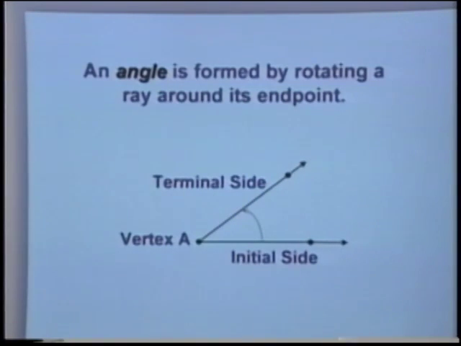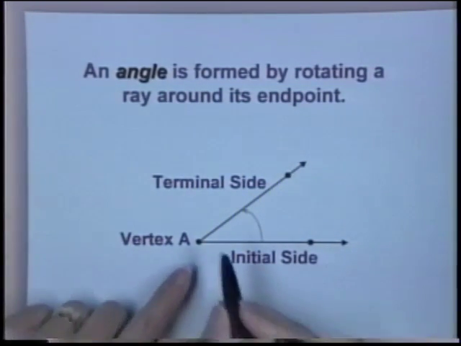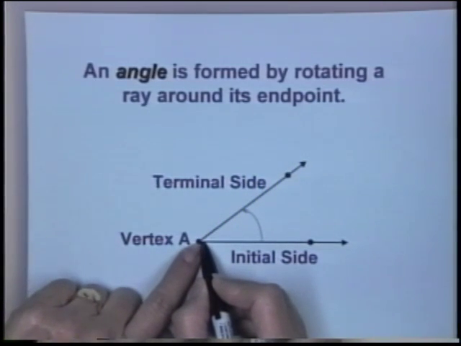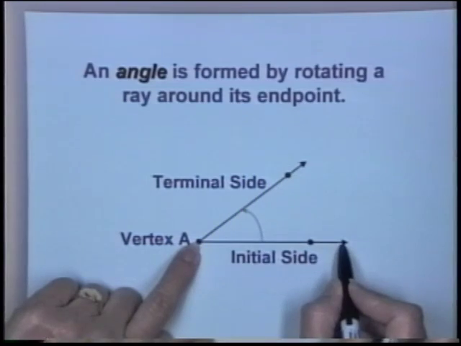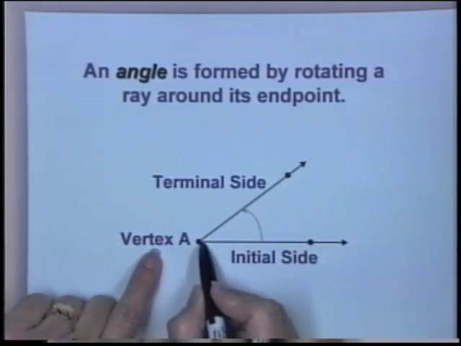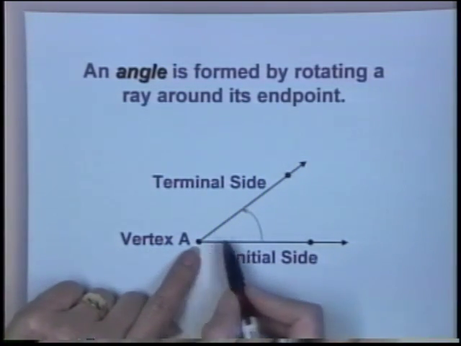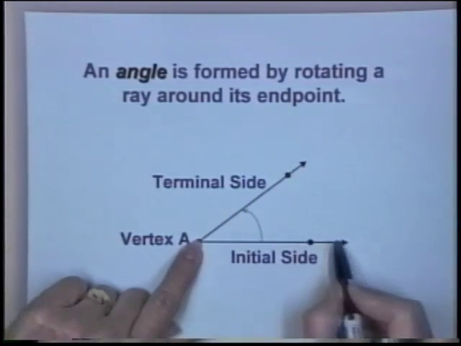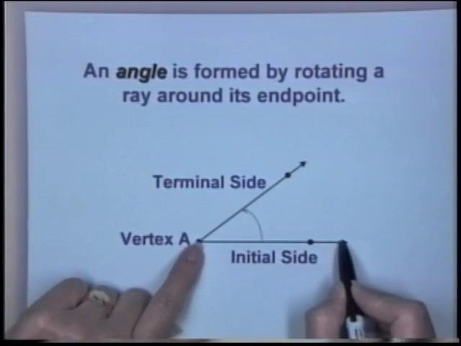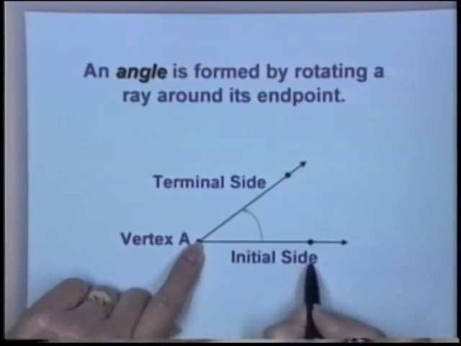An angle is formed by rotating a ray around its endpoint. Here I have point A. Because it's the endpoint of the ray that I'm going to rotate, it's called the vertex of the angle. I take this ray, and since this is the original position of the ray, it's called the initial side of the angle.